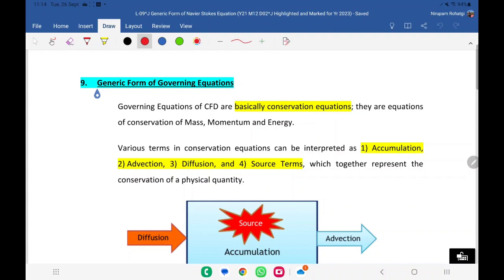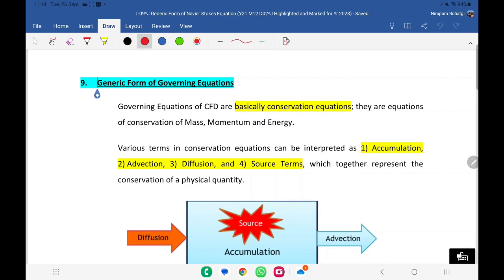Now in this article what we are doing is, all these Navier-Stokes equations we are writing in generic form. Okay, what does that mean? Actually, the whole process is that we are going to show that all the equations are similar. They can be replaced by a similar equation, which is called a generic equation.